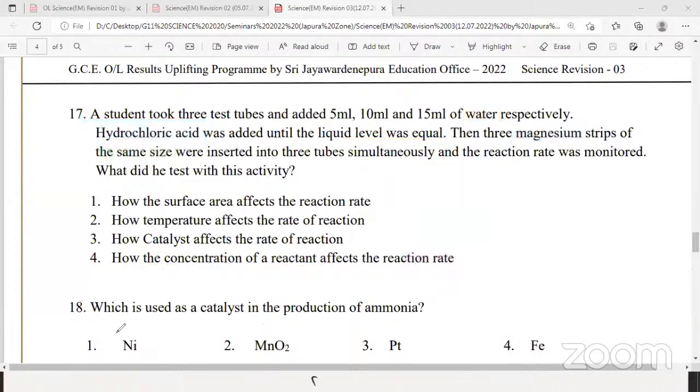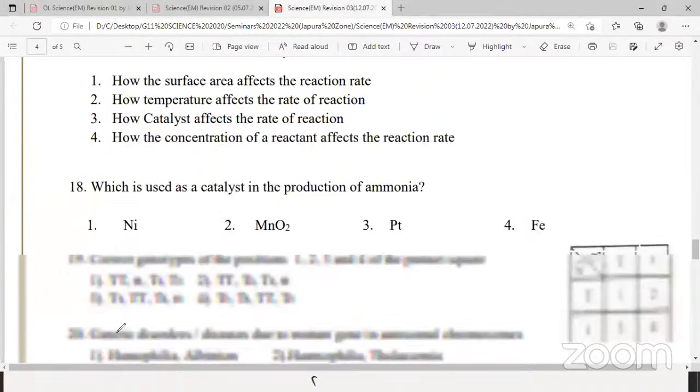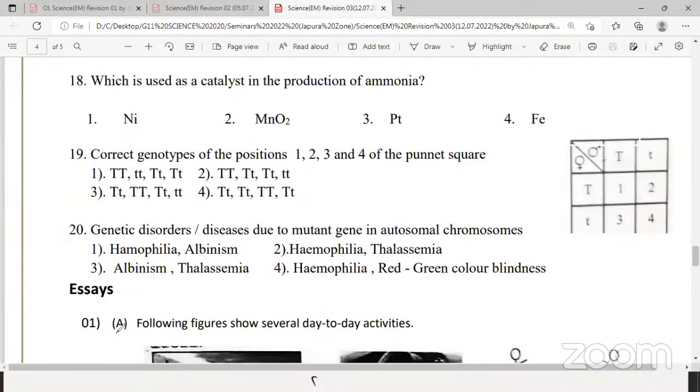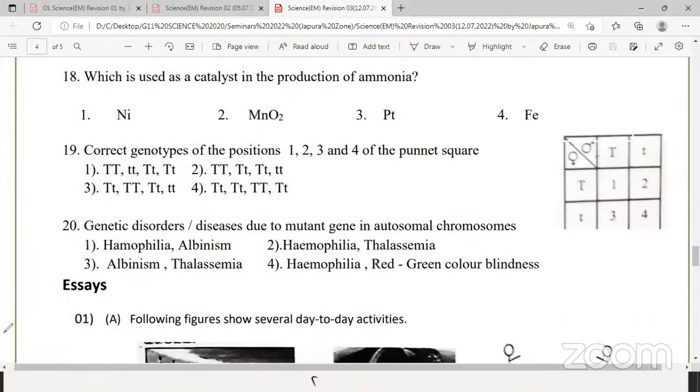Question number 18: Which is used as a catalyst in the production of ammonia? This is from chapter 17, grade 10. There are 4 industries. You should know the catalyst for each industry, not all the industries given in your textbook.